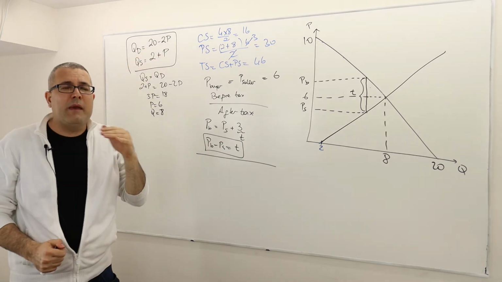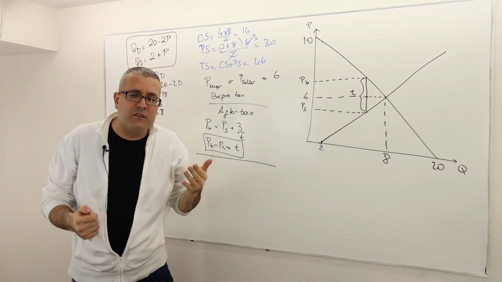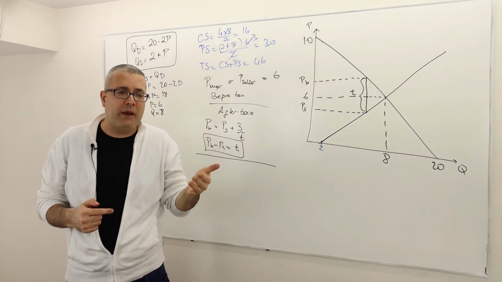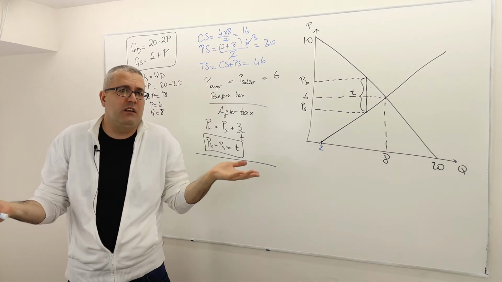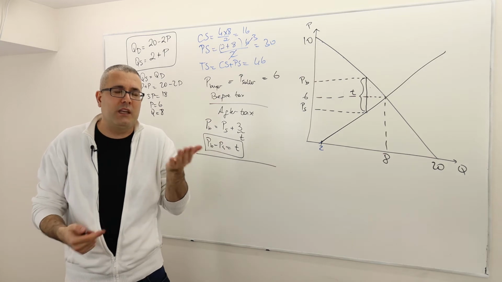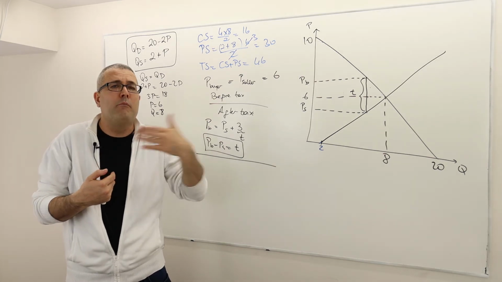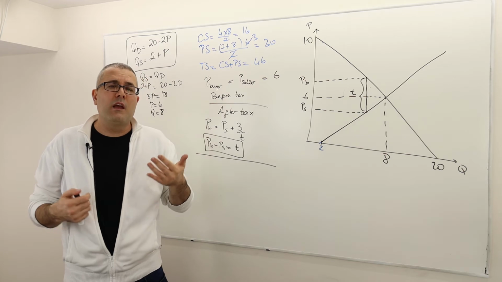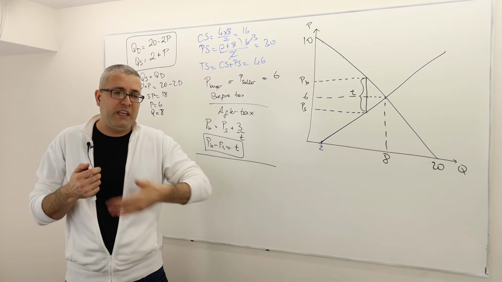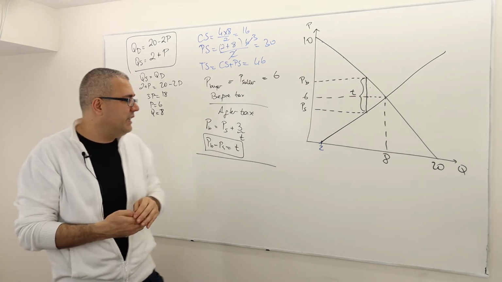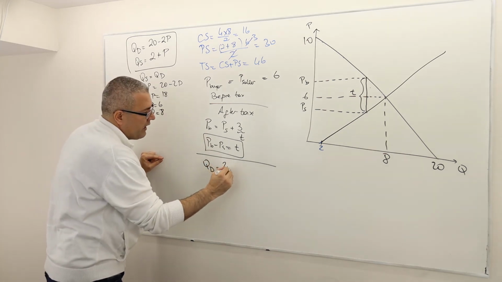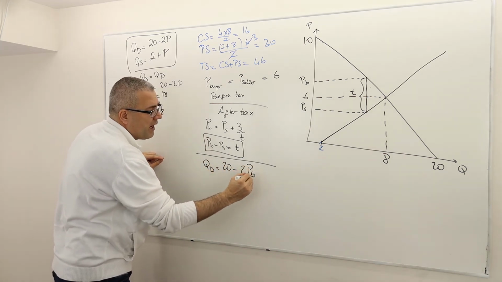If you're talking about a demand curve, demand is what consumers drive, right? Consumers do not care about how much price sellers receive. I don't care about the amount of money the grocery owner is putting in his pocket. What I do care about is how much money I pay. So if demand is representing my behavior, it should be my behavior given my price. Meaning, the quantity demanded is actually 20 minus 2 P buyer.